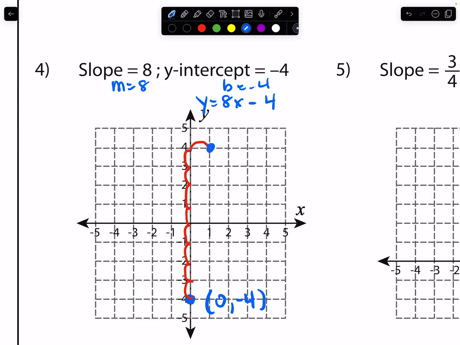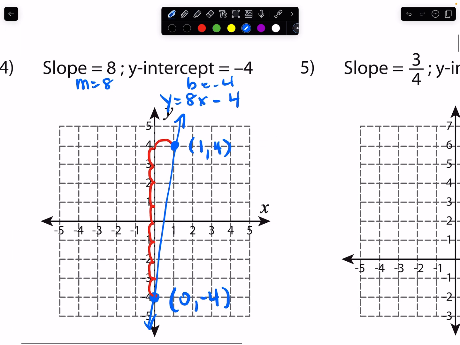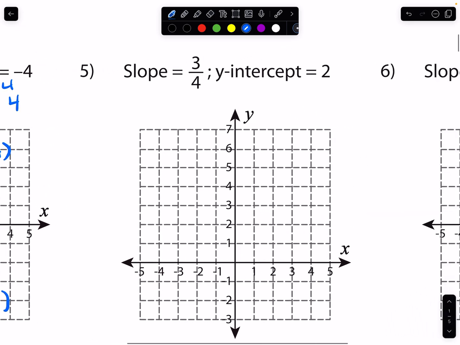And put the next point, and that will be 1, comma 4. Then you connect your dots into some sort of line. How many of you got it right? All right, excellent. So at this point, I will do a few more of these, but you guys will be responsible for doing them and then checking your work.